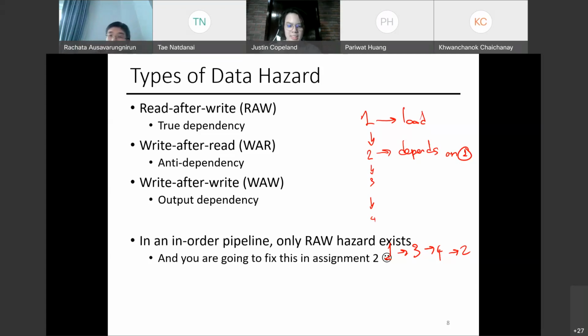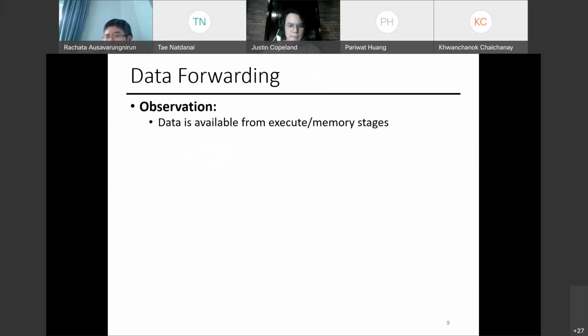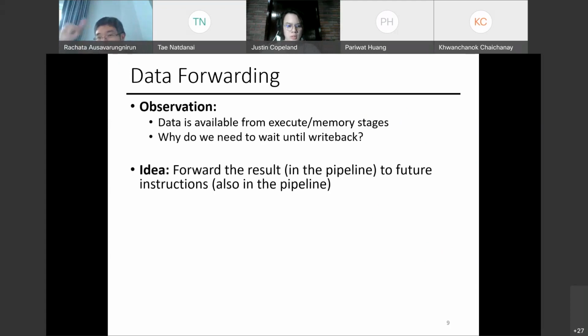And as I said, you can wait until write back, or you can do data forwarding. So the observation is basically, well, if I need the data after the execute stage, I should have the data. It should be in the pipeline register, right? So data forwarding essentially does not wait until the write back, but forwards the result from the pipeline internally without telling the programmer.